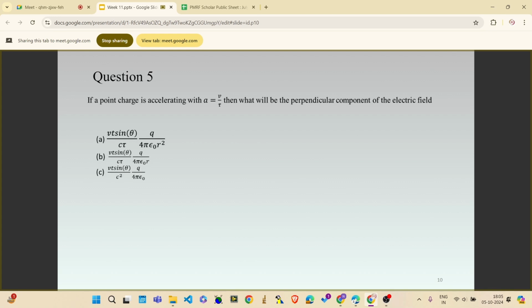If we are doing this in this way, it's R square now. But always you can divide this T in the down. It will be like V sine theta over c tau, q over 4 pi epsilon naught R by T to R. This R by T is nothing but the V, this c is equal to R by T.